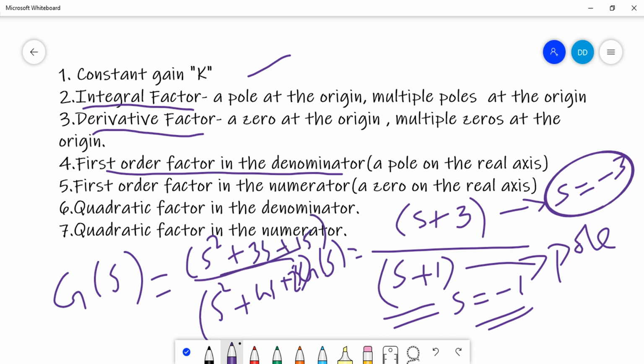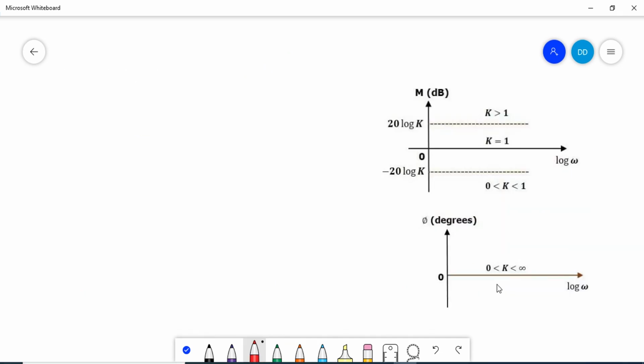So if we have a quadratic factor in the numerator, what are we going to consider for the magnitude plot and the phase angle plot? These basic factors 1 to 7 will be discussed in detail in the coming videos. In today's video, we will learn about the basic factors of g of j omega, that is the transfer function needed to obtain the Bode plot.